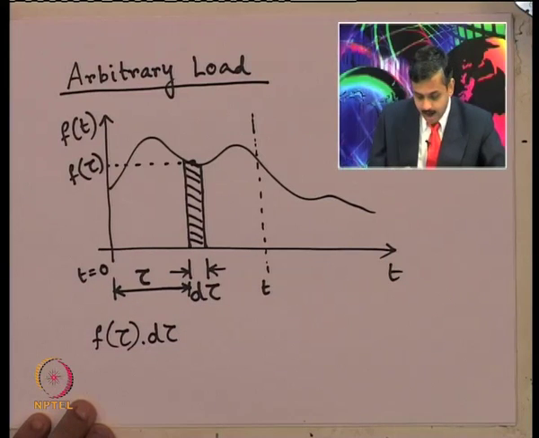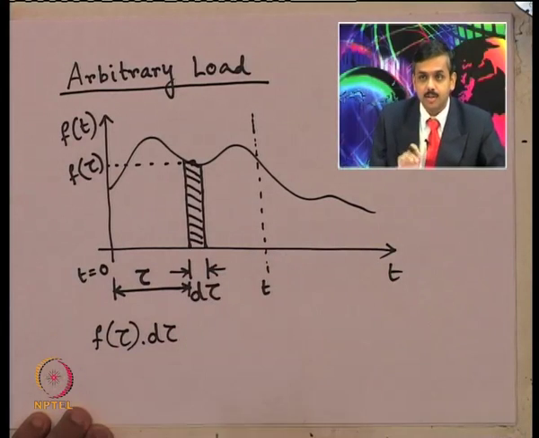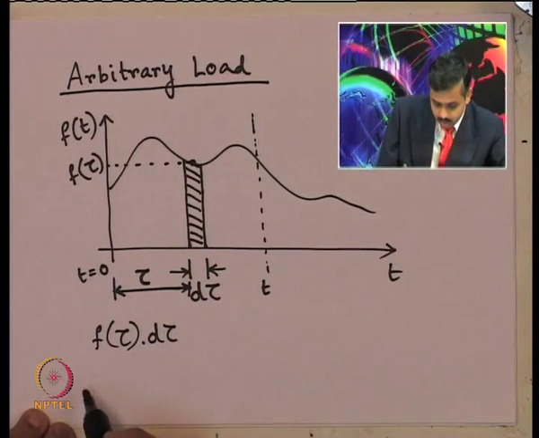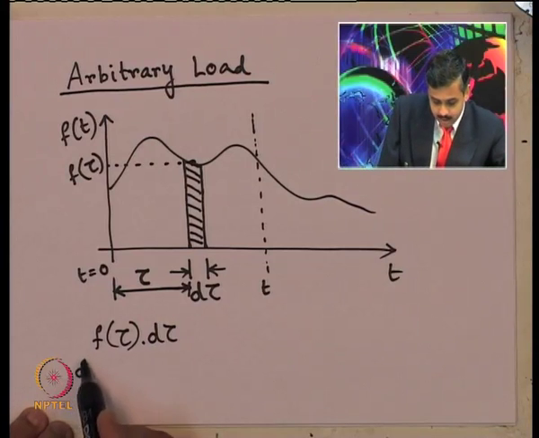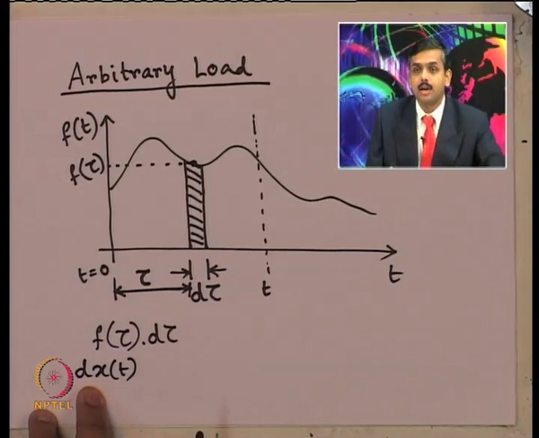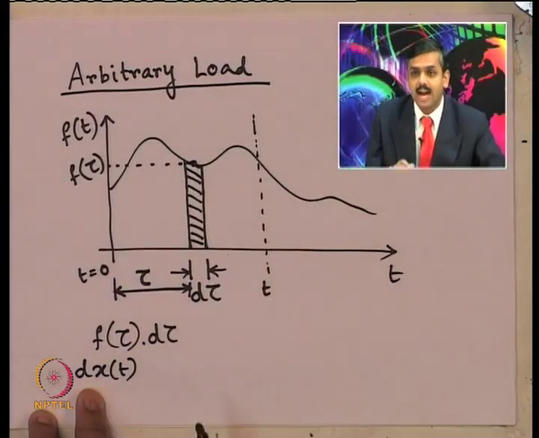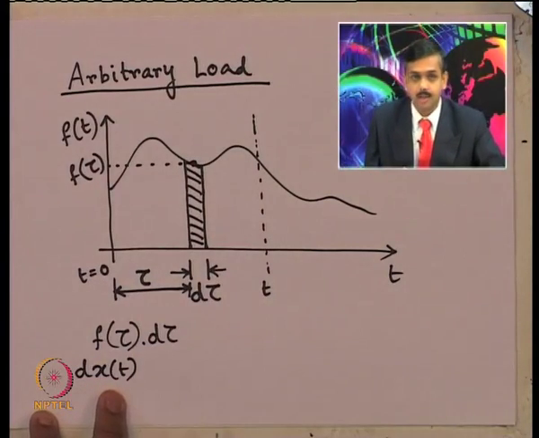So, what we can write, the response of any system which is subjected to this kind of loading, suppose the response we are indicating for this infinitesimally small time duration for which that load is acting is d of x of t.